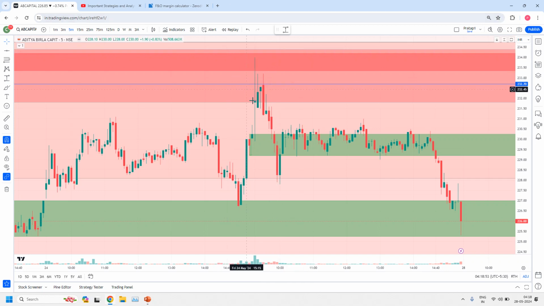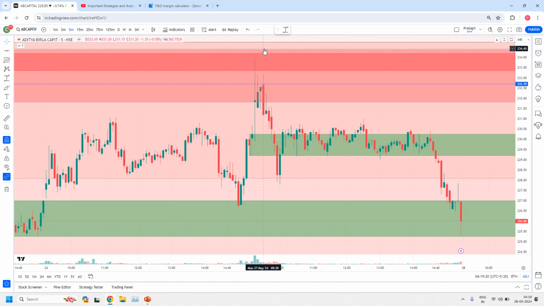If you are taking a 75 minute trade, at that time you will keep the 75 minute zone as your stop loss. You may take a trade at the 75 minute level, you may take a trade deep in the middle, or you may take a trade at the fine-tuned zone. Wherever it is, the entry you are changing because of your risk management point of view. But the stop loss you cannot change.